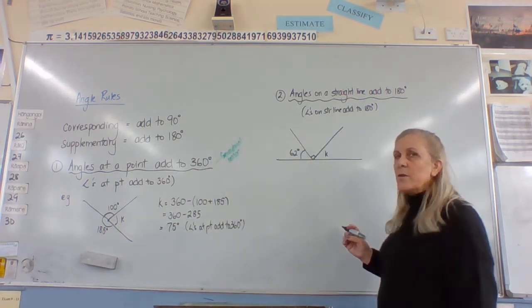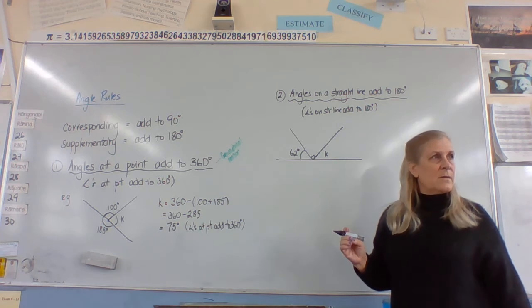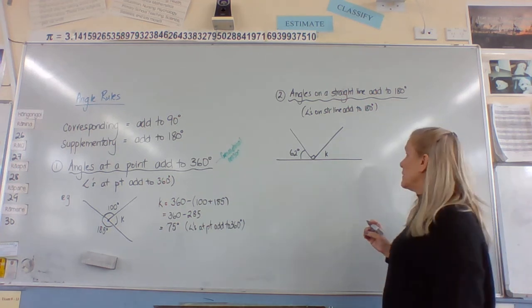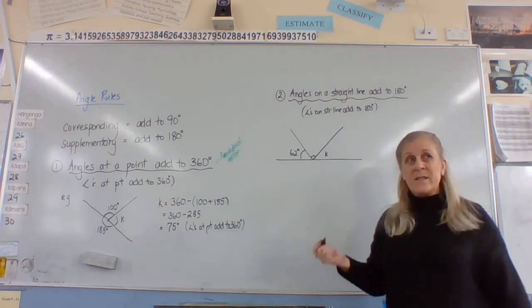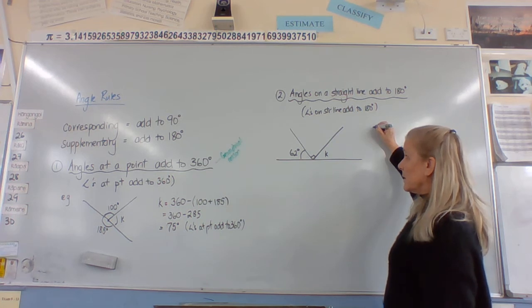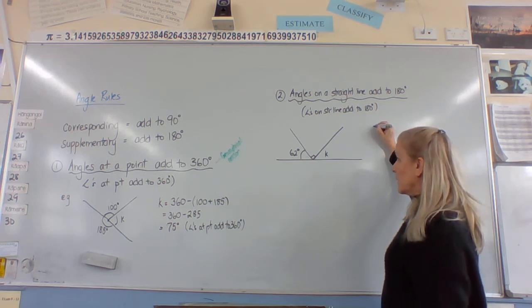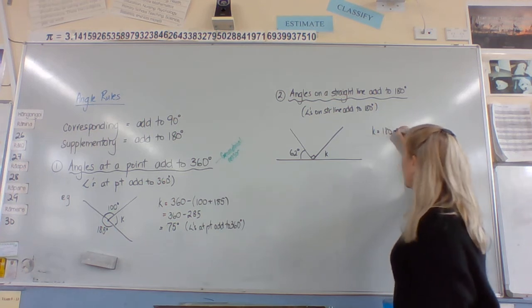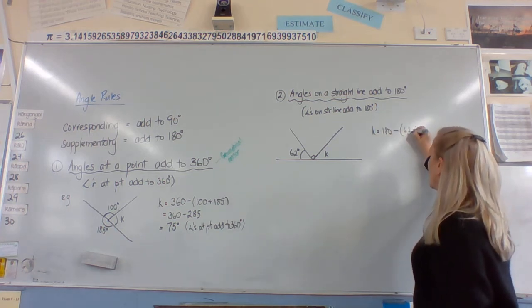Nobody can see you. You're allowed to answer. Follow Marlia's pattern then. Good, Christina. 180 take away 53 plus 90 equals. Right, well done.